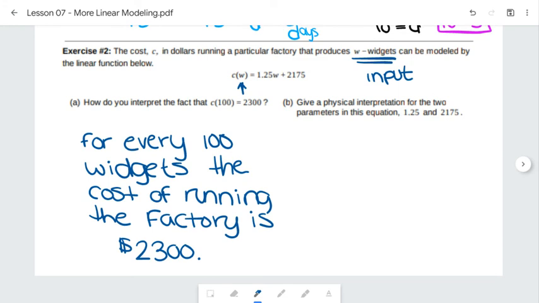Because the cost C in dollars running a particular factory that produces W widgets can be modeled by the linear function. So W is my input of widgets. For every 100 widgets, the cost of the factory running is 2,300.